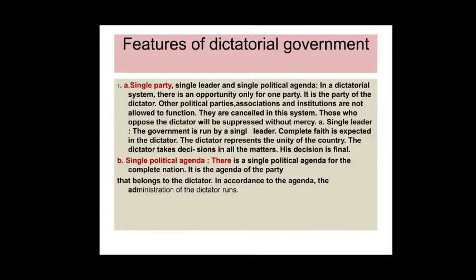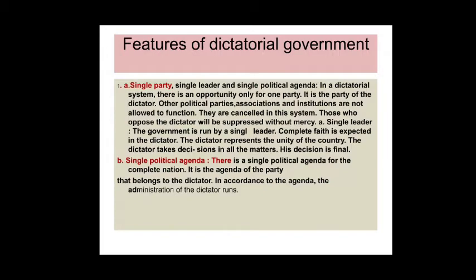It is the party of the dictator. Other political parties, associations and institutions are not allowed to function. They are cancelled in this system. Those who oppose the dictator will be suppressed without mercy.